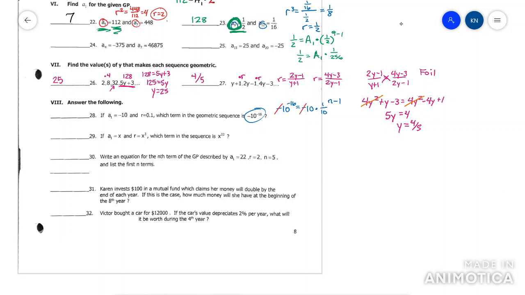So now I've got 10 to the negative 16 equals 10 to the 1 times 1 over 10 to the n minus 1. Now, the way that you win on this problem is you realize this part right here. 1/10 is 10 to the negative 1.